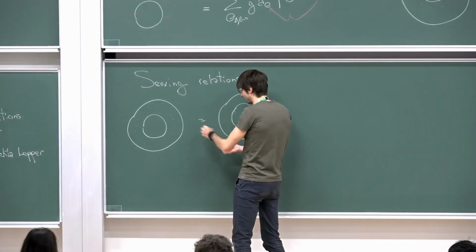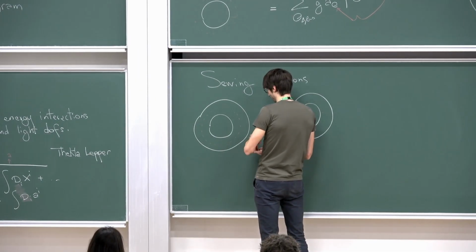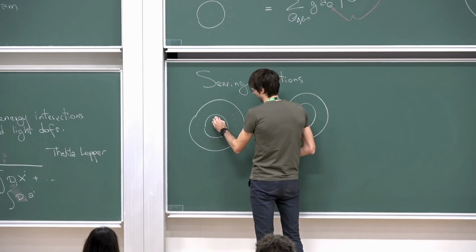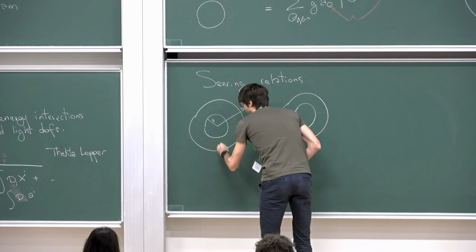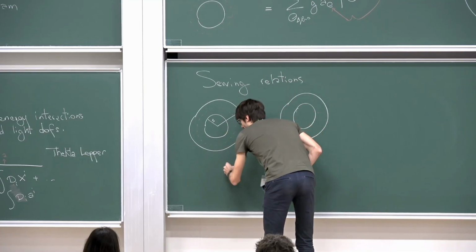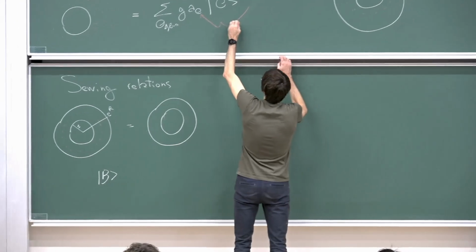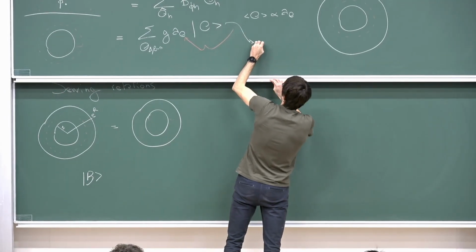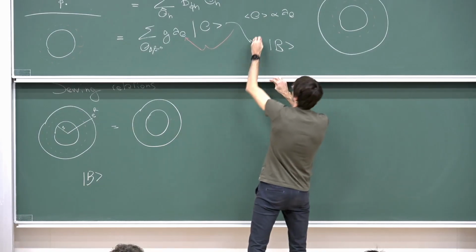Now on this side, it's pretty easy what's happening. If I call this radius 1, and this one e to the r, then I start from somewhere here. I have a boundary state, which I can call B, which is precisely this guy. Sorry, let me put quotation marks.